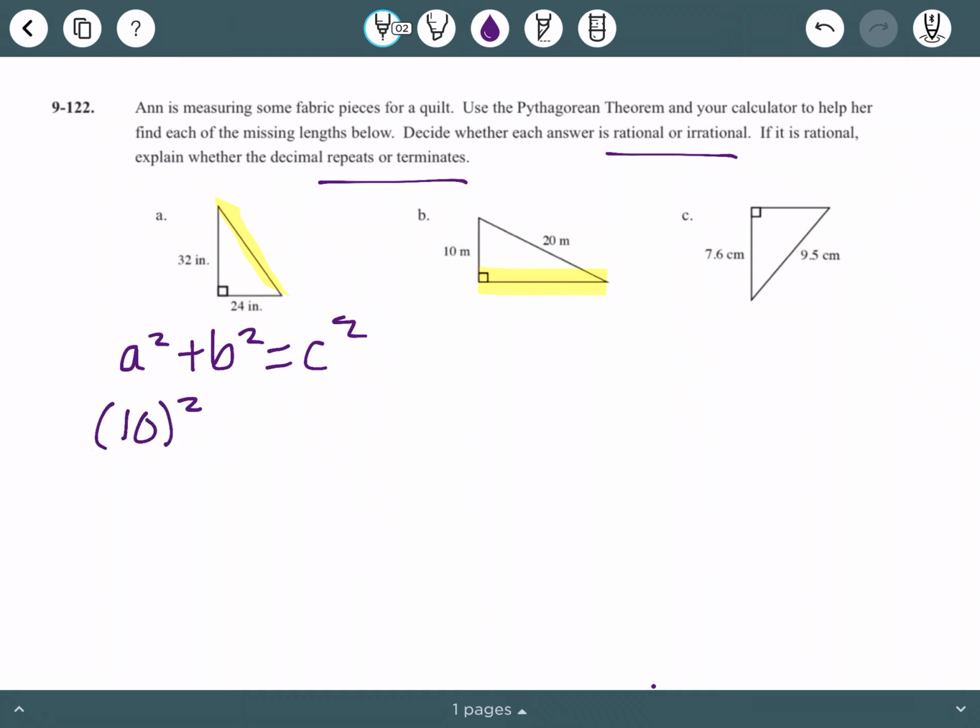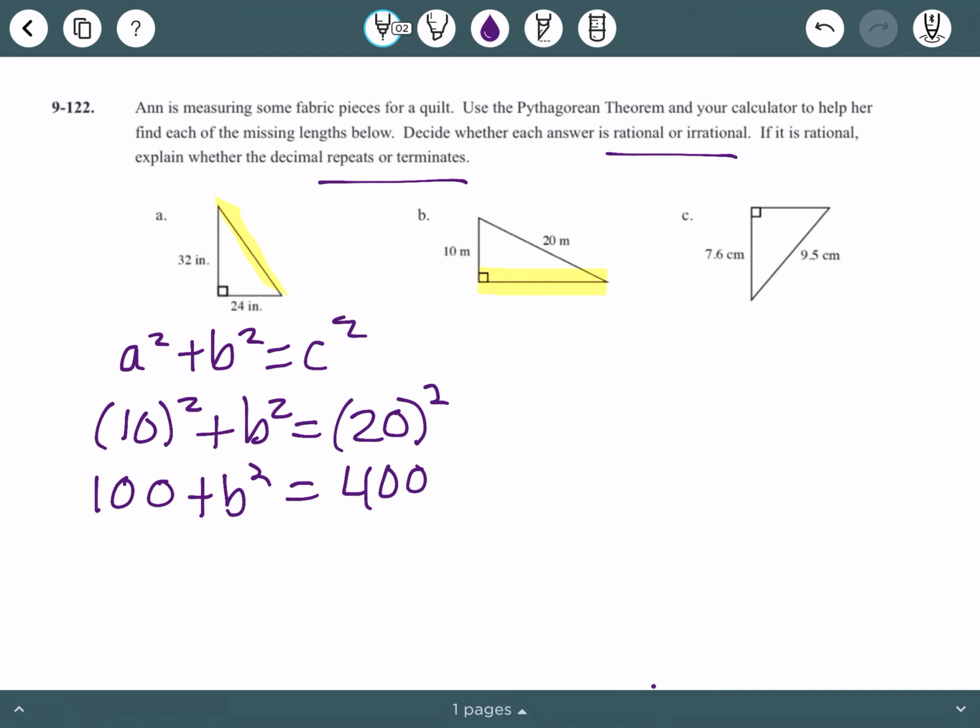I'm going to do 10 squared plus b squared equals 20 squared. Remember, the hypotenuse can only go in for c. 10 squared is 100, so we have 100 plus b squared equals 20 squared. And 20 squared is going to give me 400.